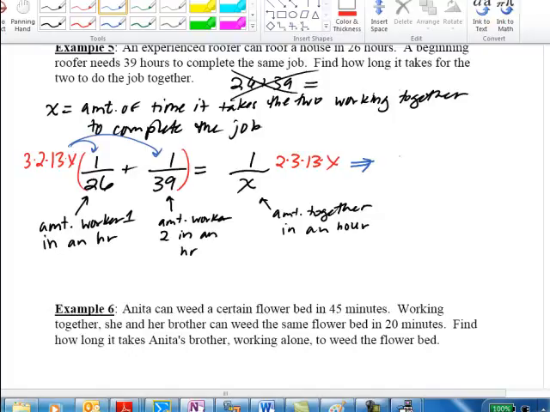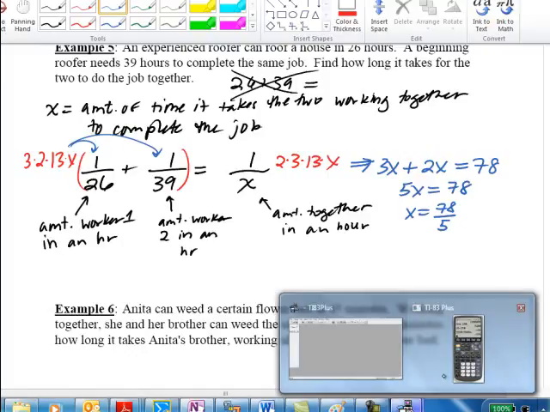The 2 and the 13 drop out, so I've got 3x, and then the 3 and the 13 reduce, so that'll be a 2x. And on the right, just the x drops out, and what did we say, 78, I think, for 6 times 13. So we've got 5x equals 78, or x equals 78 fifths.